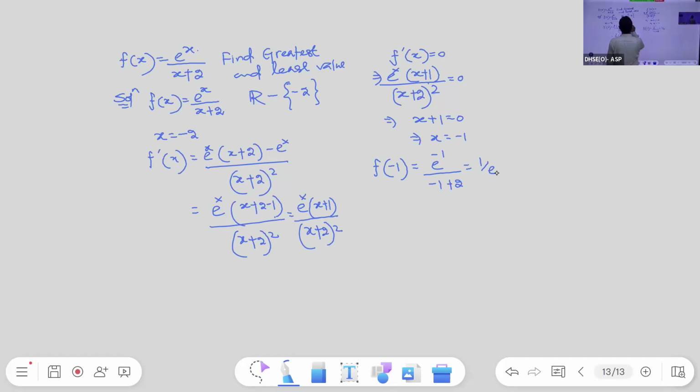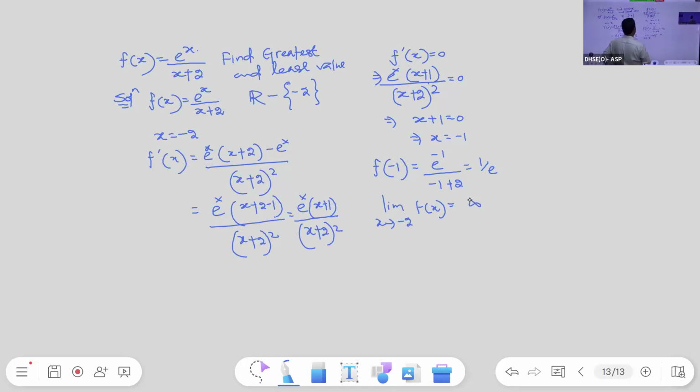Then when x tends to -2, the denominator approaches 0, the numerator approaches 1 upon e square, so the total value approaches infinity. The limit as x extends towards -2 of f of x is plus infinity as well as minus infinity.